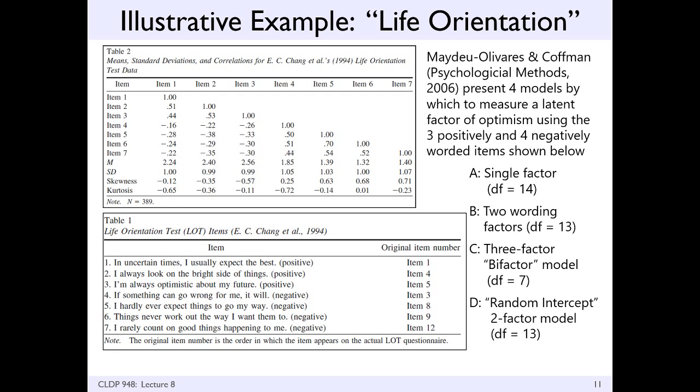Some of them are positively worded and some of them are negatively worded. So the idea is that we should be measuring, if their theory is correct, the same trait with these 7 items, but we're measuring it differently with some than others. So they compared the fit of a couple alternative models and then introduced a 4th variant that was novel that would account for this type of situation.